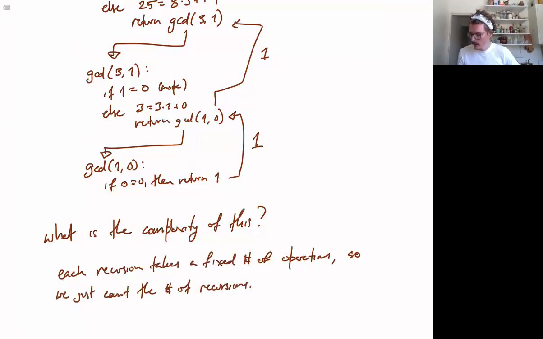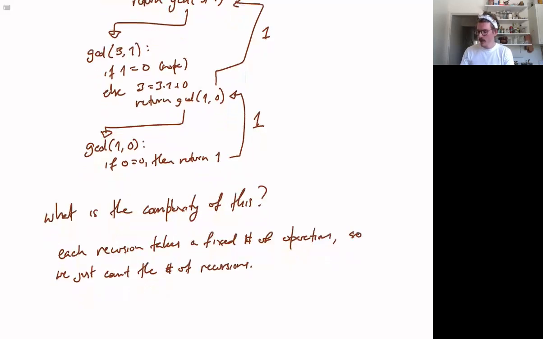Because if we look in here, each recursion takes one comparison and whatever arithmetic it takes to do the division theorem, but it's just going to be a couple of divisions. So by counting the number of recursions, we're essentially getting, up to a constant, the number of operations.